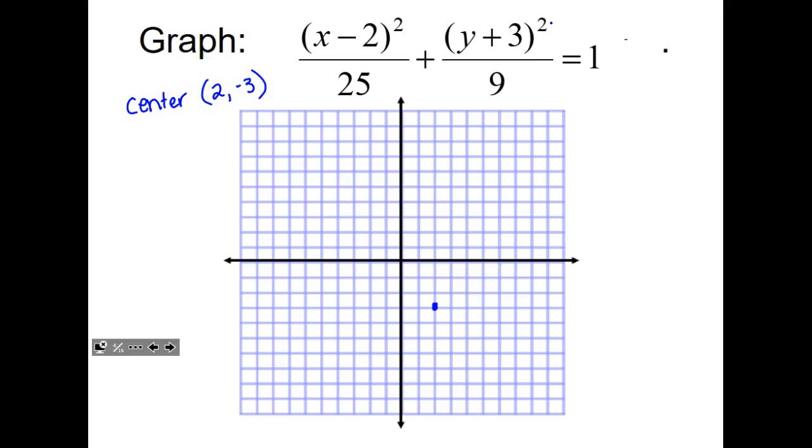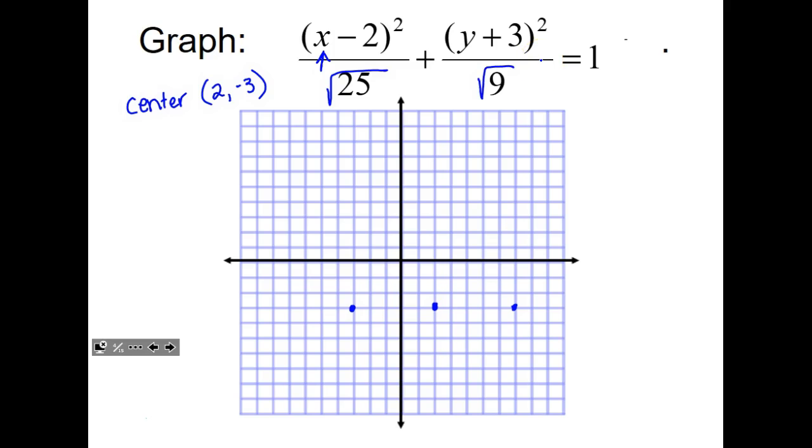We have a length of our vertical axis and the length of our horizontal axis. Whatever is underneath the x here, we're going to take the square root of that, and we get 5. So I'm going to go 5 to the right of the center and 5 to the left of the center. And that's going to give me the vertices on that horizontal axis of symmetry.